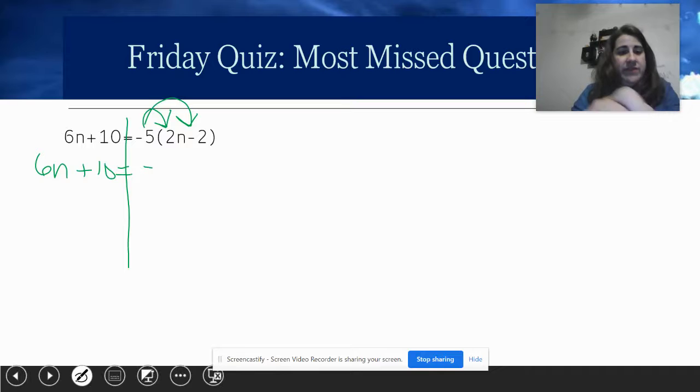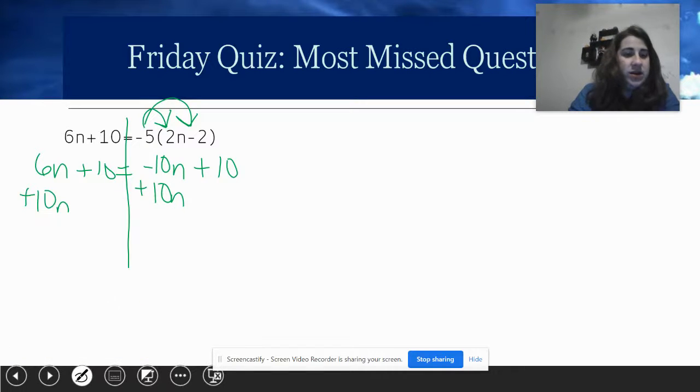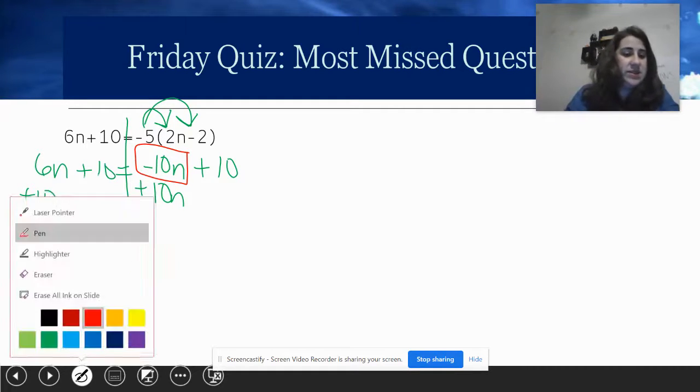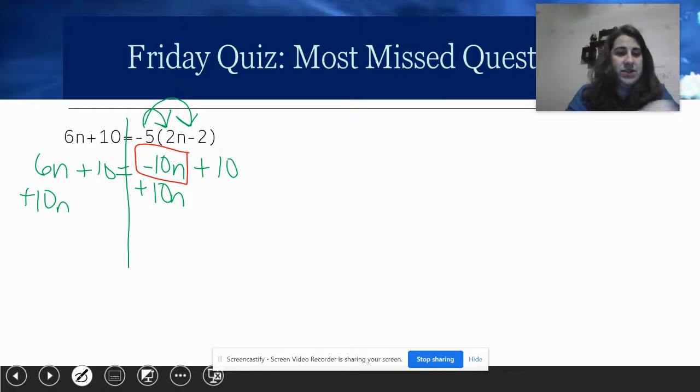And I distribute -5 times 2 gives me -10n, and -5 times -2 gives me +10. Now I can add my 10n to both sides. I am moving this -10n first, because it has a negative, and I know that the opposite of a negative is a positive. That's why I'm choosing to move it that way.